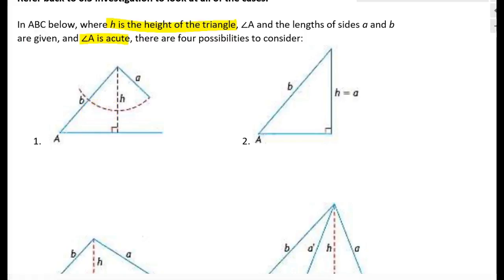So option 1, the side opposite our angle. Remember that we are talking about angle A being acute. If our opposite side is shorter than our other side, and it's shorter than our height, we will have no triangles formed.